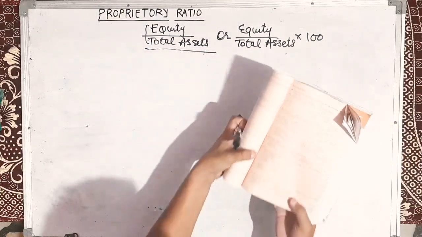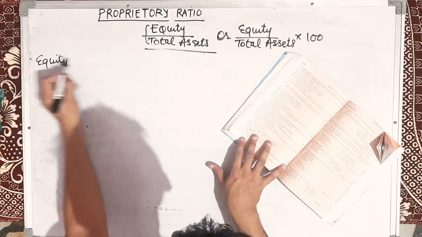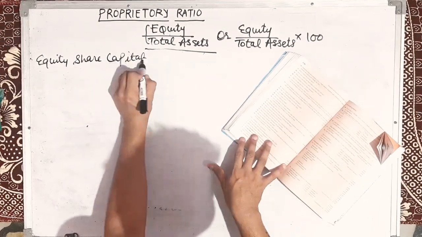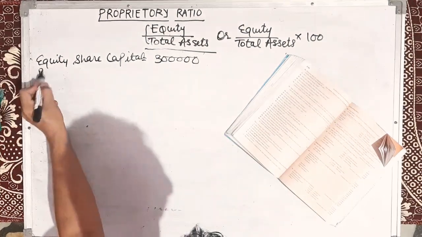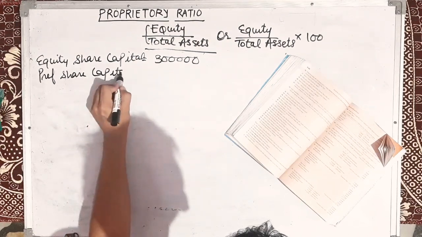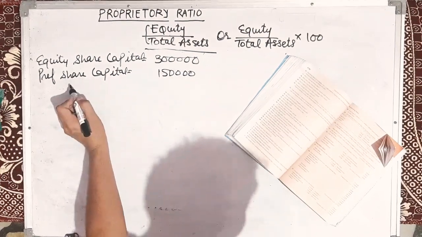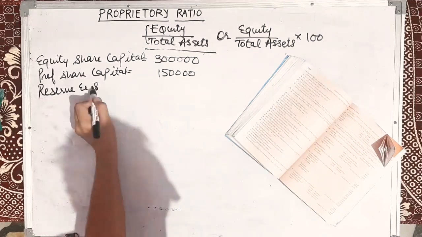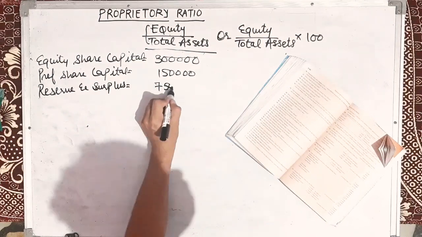Equity share capital is equal to 3 lakh. Preference share capital is equal to 1,50,000. Reserve and surplus is equal to 75,000.